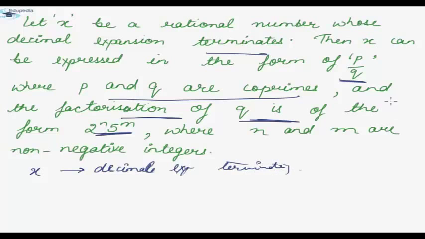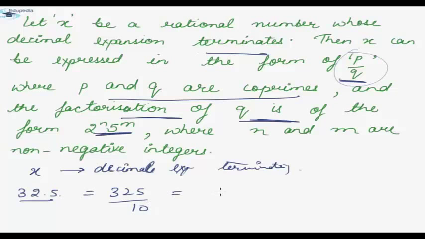So let us have a terminating decimal expansion, say 32.5, that we have earlier used in the example. So theorem says, since it is a terminating decimal expansion, therefore x can be expressed in the form of p by q, where p and q are coprimes, and q is of the form 2 raised to power n into 5 raised to power m. Clearly, one way to represent 32.5 is by removing this decimal and putting the required amount of tens in the denominator.